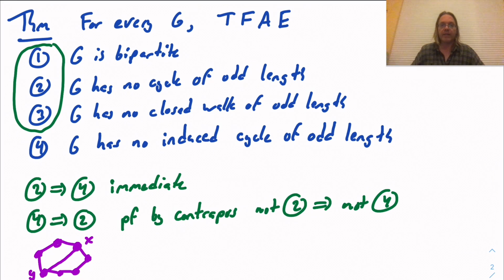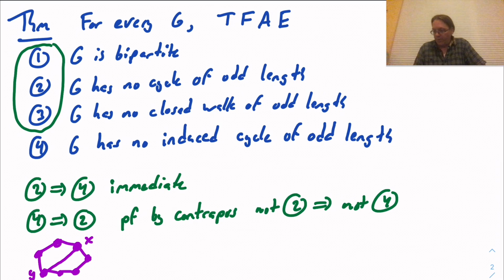So what's gone on here is if I gave you an odd length cycle and it's not induced, that means there's a little edge giving you a shortcut, and then either the left side or the right side, you're going to see a new cycle in here that's going to be odd in length. And in fact, this new cycle that we get is going to be shorter. And so what I'm doing here is once again talking through how we find the proof a little bit.